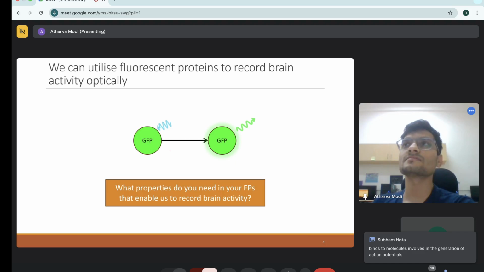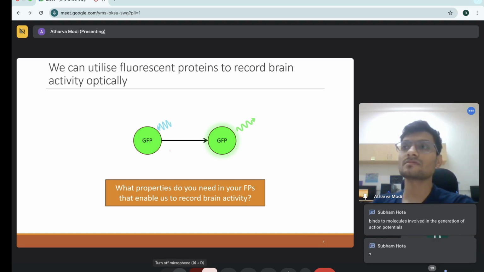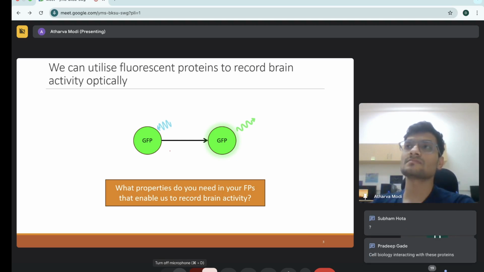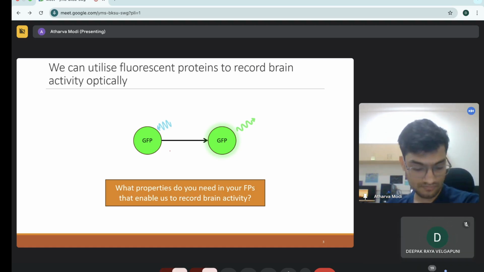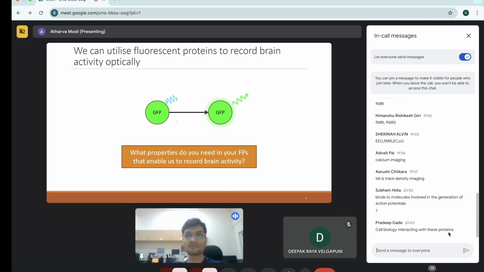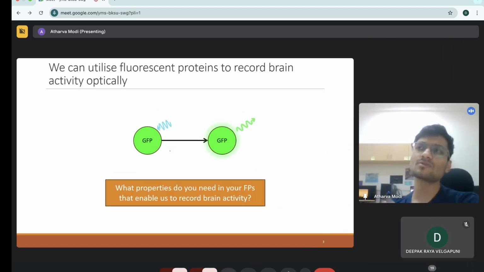Someone says, Shubham, it binds to molecules involved in generation of action potentials. Yes, exactly. It should bind. That's one thing necessary. But this interaction should result in some change in the output here, so that this measure somehow depends on the thing that we want to measure.